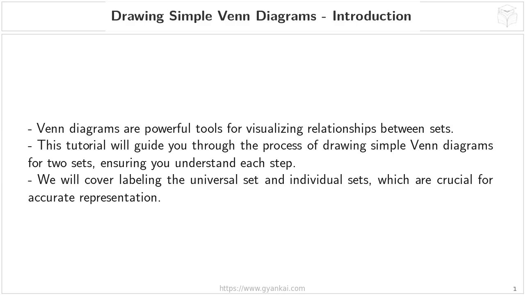We'll be paying close attention to how we label the universal set, that's everything we're considering, and then the individual sets themselves. Getting these labels right is absolutely crucial, because it ensures that anyone looking at your diagram will understand exactly what it represents. In the following slides, we'll start with the materials you'll need, and then we'll jump right into the step-by-step drawing process.